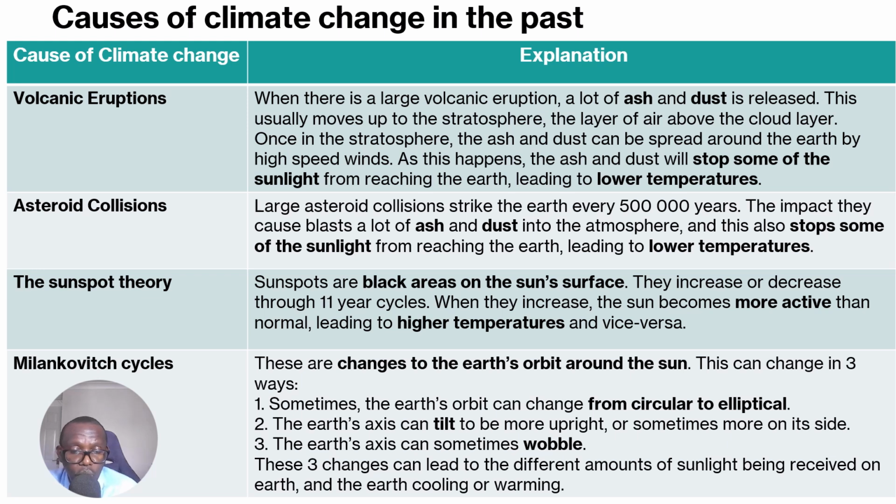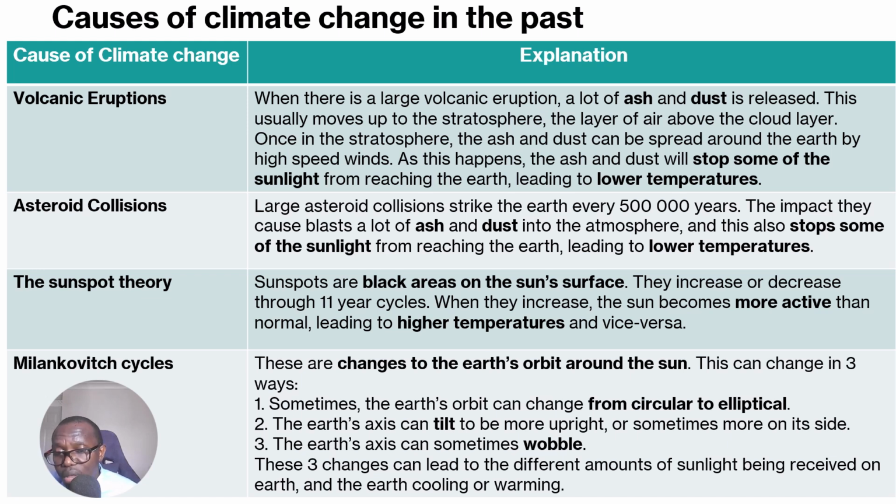Okay, now the fourth one is the Milankovitch cycles. And these are changes to the Earth's orbit around the sun, and they can occur in three main ways. So sometimes the Earth's orbit can change from being circular to elliptical. Now, if you think about it, the circle will have a smaller radius or diameter, if you like, as compared to an elliptical shape, because an elliptical shape is a lot more oval.